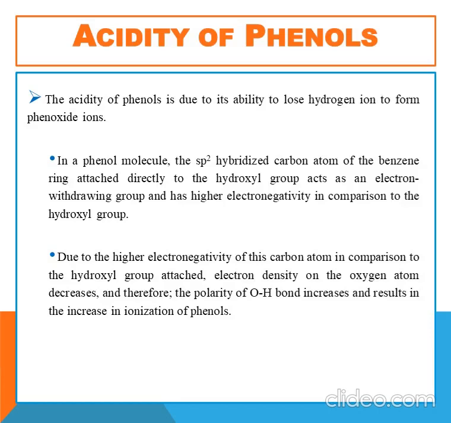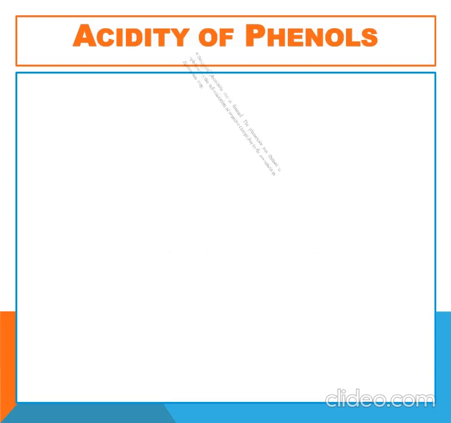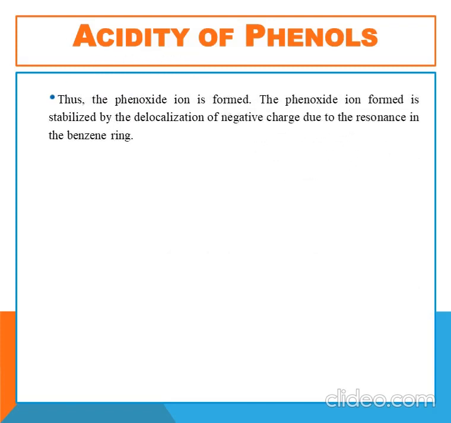Positive charge will be attained by the oxygen. Thus, the phenoxide ion is formed. The phenoxide ion formed is stabilized by the delocalization of negative charge due to the resonance in the benzene ring.